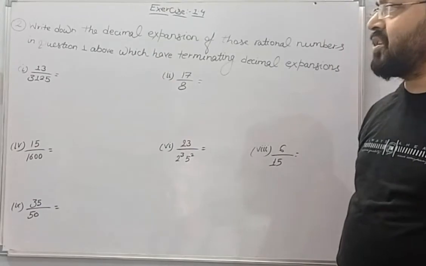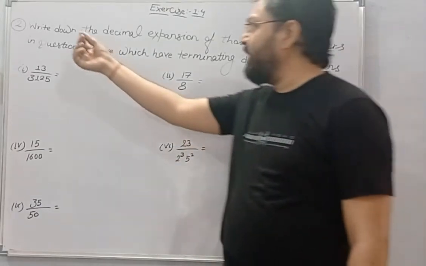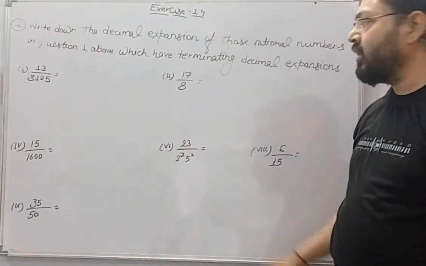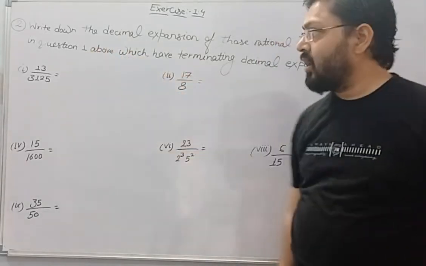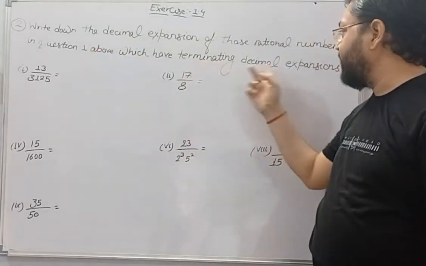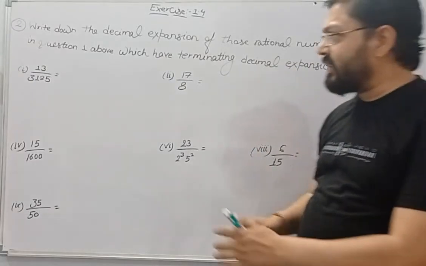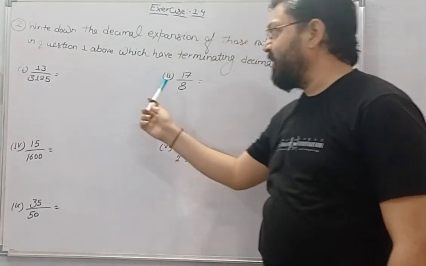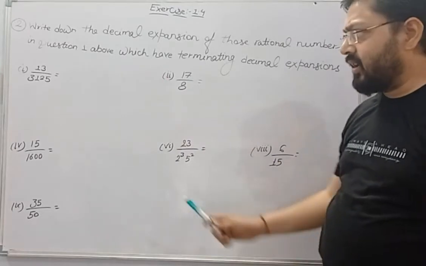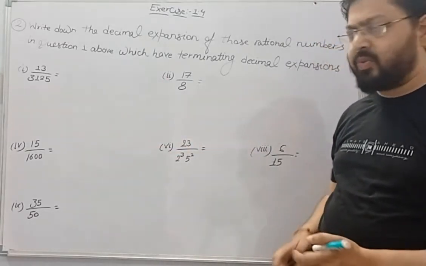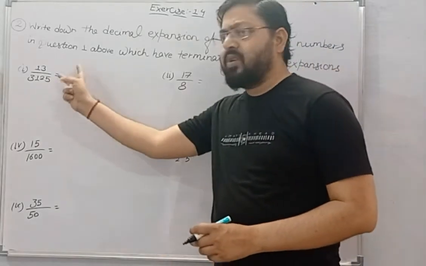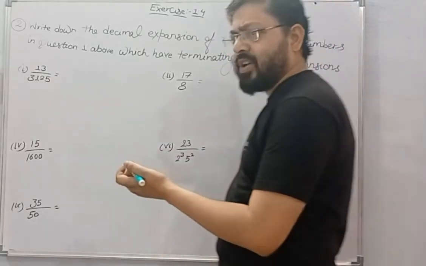Now come to question number 2. In this, write down the decimal expansion of those rational numbers in question number 1 above which have terminating decimal expansion. These are the terminating decimal fractions as I discussed in question number 1. So we convert these into decimal form. How do we convert?